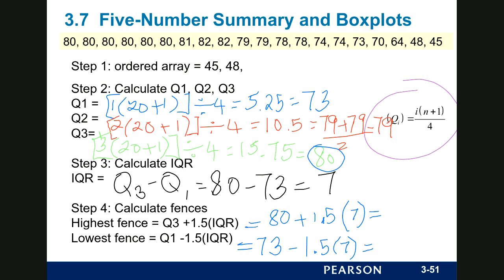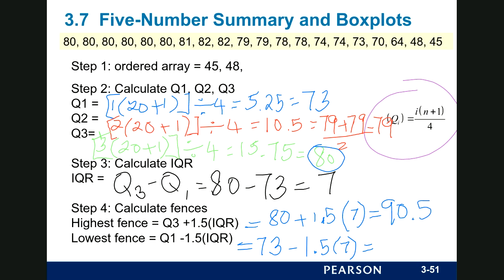So what do you get for that, Conrad? One second. Hold on. Okay. So remember to do the 1.5 times 7 first, then add 80. 90.5. Okay, so we have 90.5.